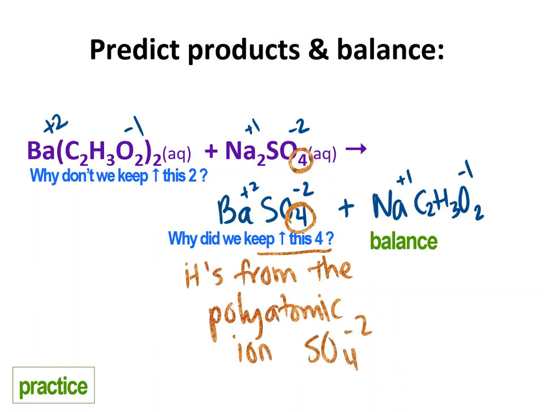That's what sulfate is, and so that 4 stays. Again, this 2 doesn't stay because it was there because of the charge. If the subscript is there because it's part of the polyatomic ion, you do keep that.